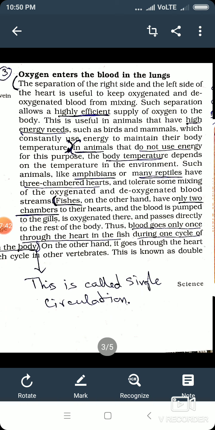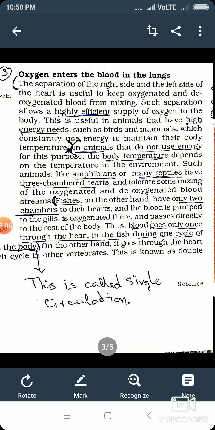But in animals that do not use energy for this purpose, the body temperature depends on the temperature in the environment, and such animals are known as cold-blooded animals, such as amphibians and many reptiles.